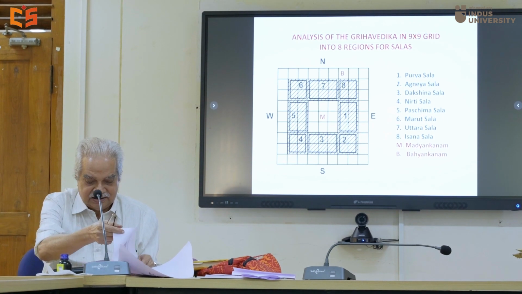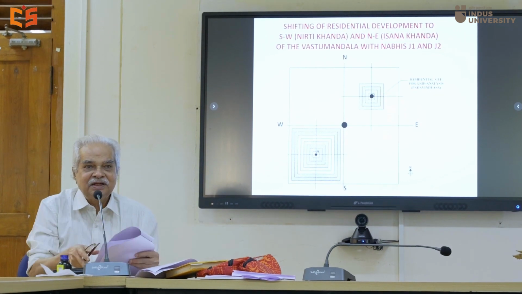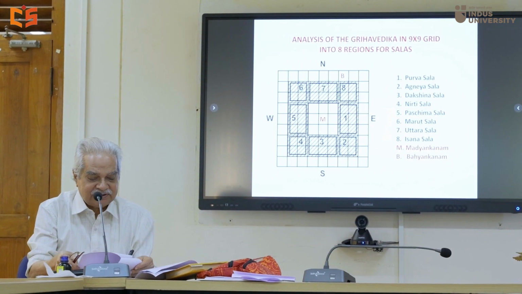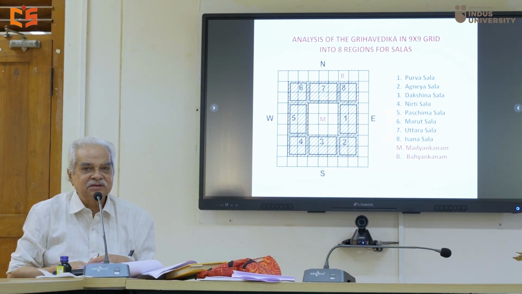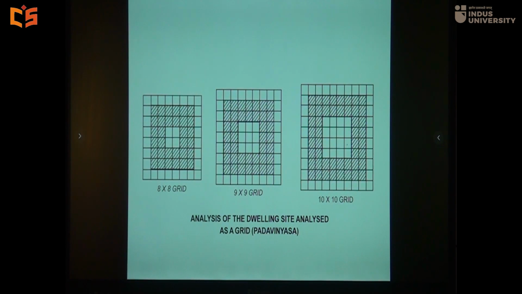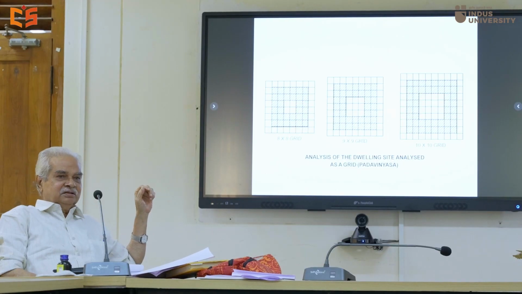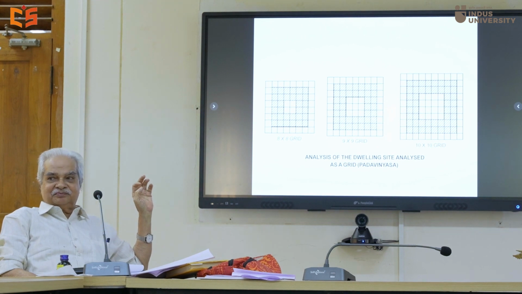And then let us go to ground coverage. Let us take the 8 by 8 division, the 8 by 8 grid. Whatever is marked covers 32 cells out of a total of 64 cells.